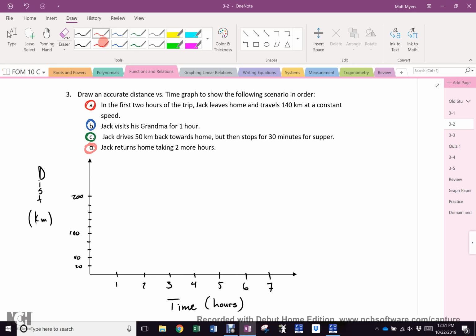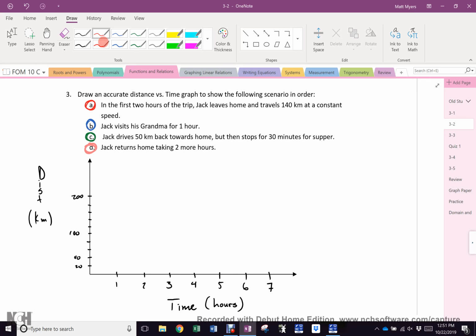Is that portion that many kilometers during the 2 hours, or is that after the 50 kilometers? A, B, C, or D? It's C and D. Right. So he drives 50 kilometers towards home, stops, and then continues driving. For 2 more hours? Yes, for 2 more hours.